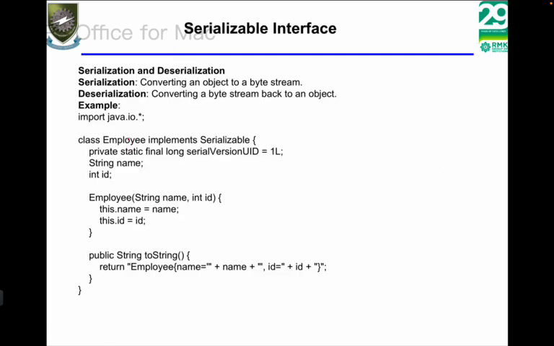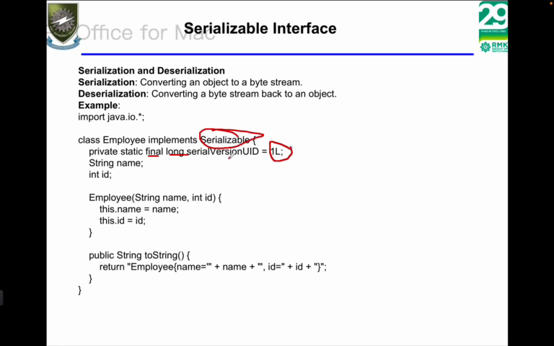I'll have a class called Employee which implements the interface called Serializable. Then I'll have a private static final long serialVersionUID. The value should not change. I'll declare this as 1L.